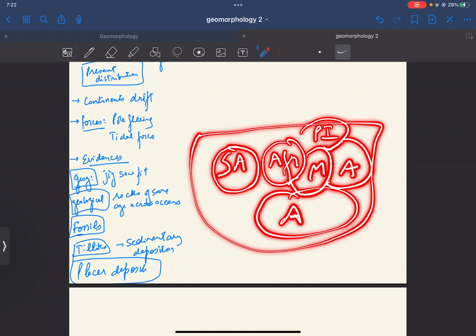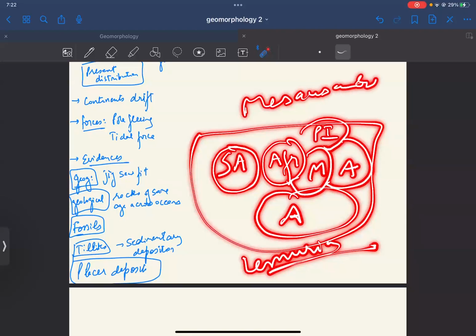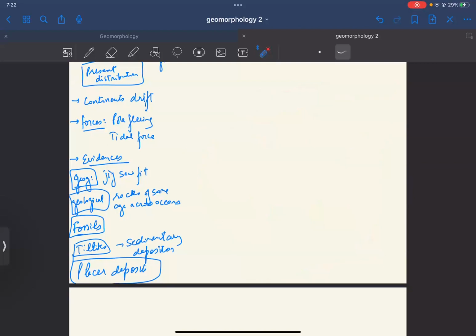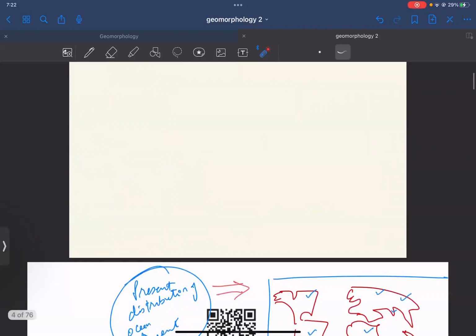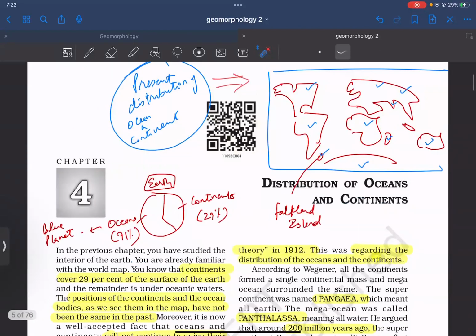Because they were once joined together, there was a glaciation process, during which glaciers deposited sedimentary deposits, which are known as tillites. This was another reason. Then fossils, it gave the example of Lemuria, right? Then also the example of Mesosaurus. Mesosaurus is found where? In South America and Africa. So these were the examples given, right?